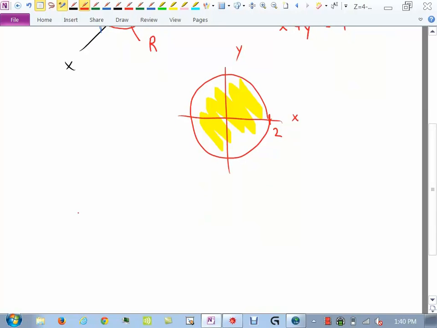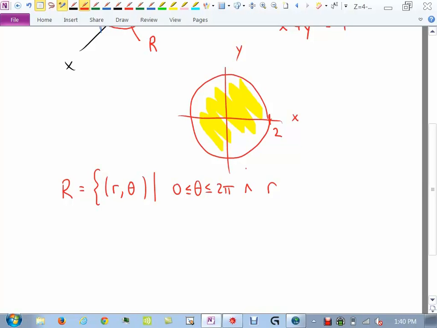So can we write out what this region is? It's the set of all points (r, theta) such that theta is between and r is between. So what's theta between here? 0 to pi.